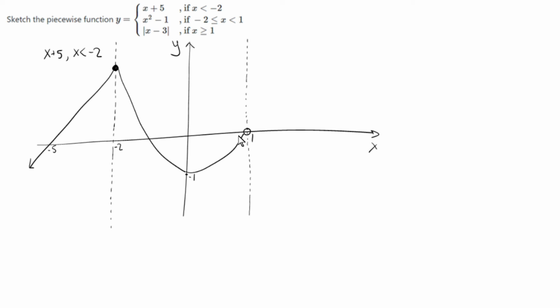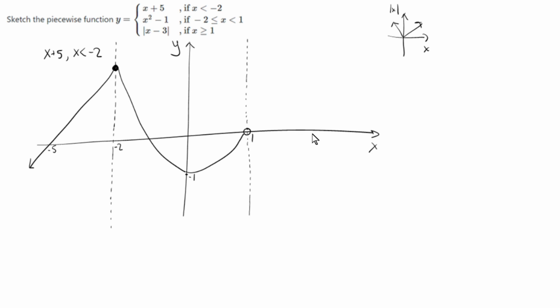And then finally we have an absolute value function or definition here. The absolute value of x minus 3. So for an absolute value function, here's x and here is the absolute value of x, looks like this. Now the -3 means it's been shifted 3 units to the right.